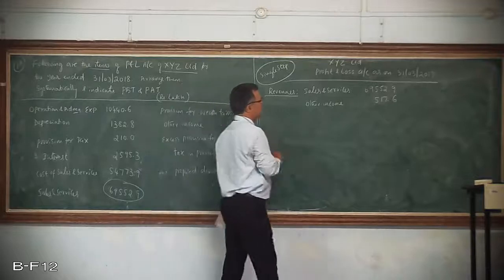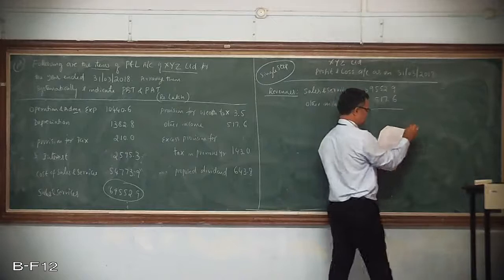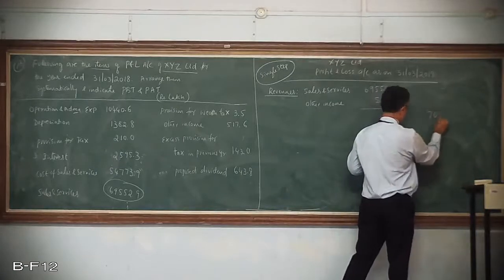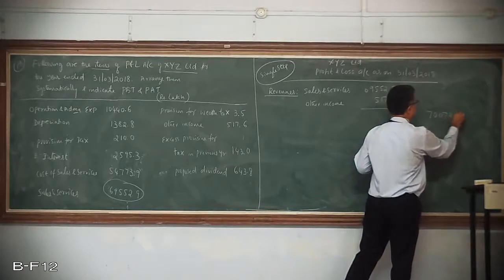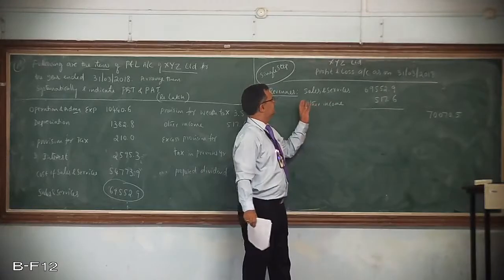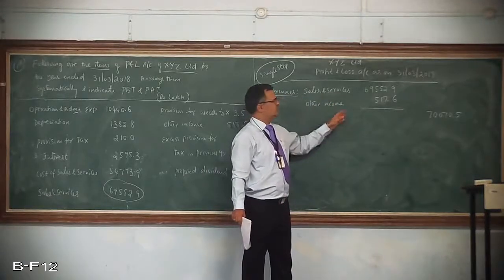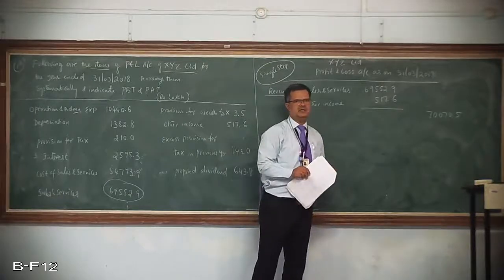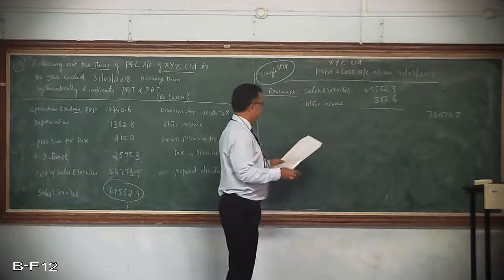So these are only two revenues. Just add these values: adding sales and services and other income, you get 70,070.5 lakhs.